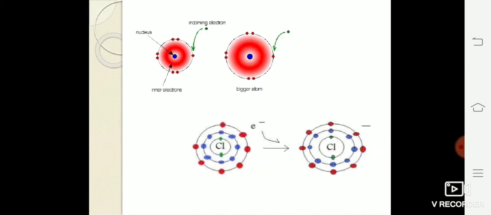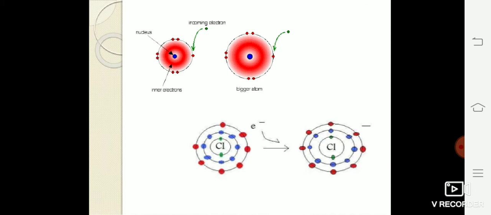Now let's see an example of chlorine. In chlorine we have atomic number 17, electronic configuration 2, 8, 7. To gain an octet, or to complete the octet, chlorine will accept 1 electron and the electronic configuration would be 2, 8, 8. It is much more difficult to donate 7 electrons and much easier to accept 1 electron.